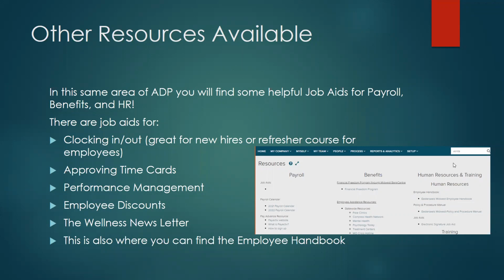This is also where the employee handbook is. So a lot of times we get questions about PTO, different policies from Easter Seals. Those are all going to be here in that employee handbook. So you'll be able to review that, same as staff. They can review those at any time. And the newest addition to payroll is that Pay Active. So here's some Pay Active resources are listed in there as well.